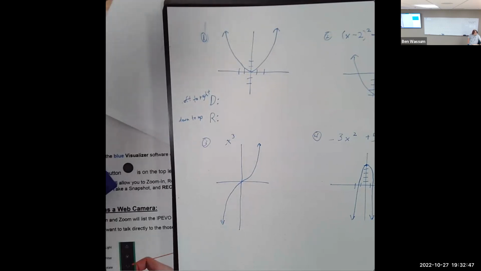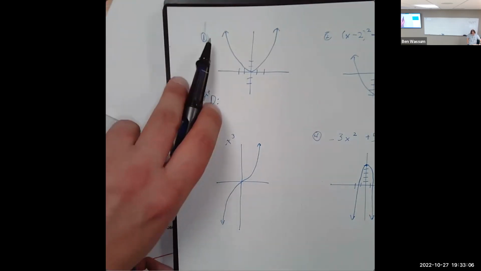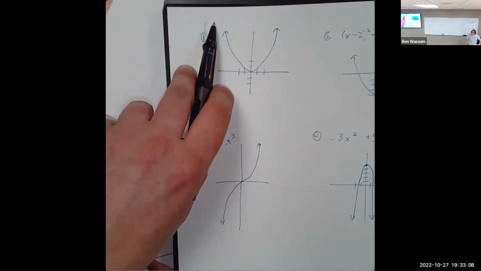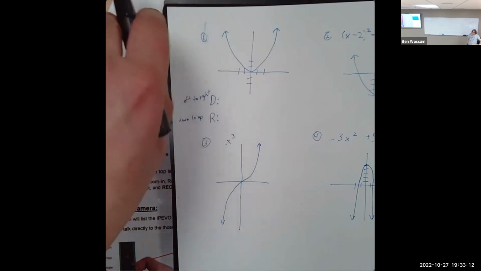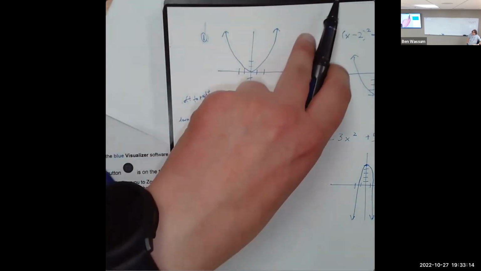I don't want to, but I could. Could I put in negative 5 billion to the 100th power? Yeah, you could. So this guy doesn't stop going to the left. They also don't stop going to the right.